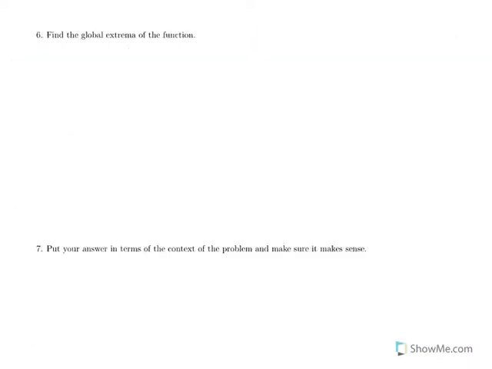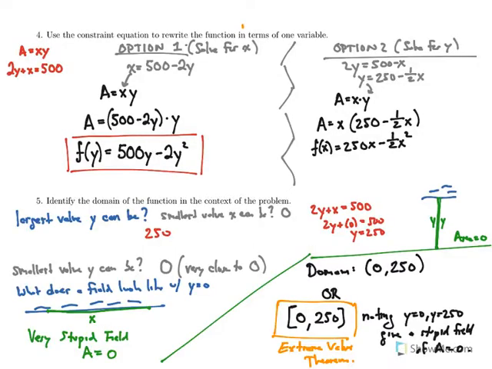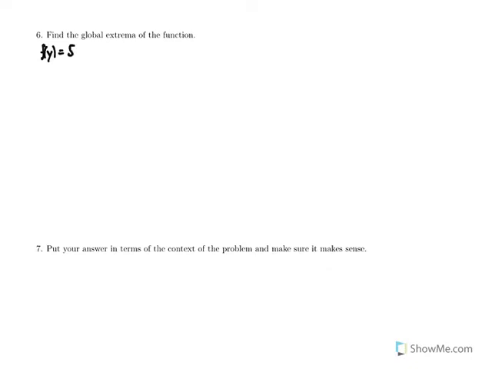So we have f of y equals 500y minus 2y squared on the domain 0 to 250. So we're going to find our critical points.